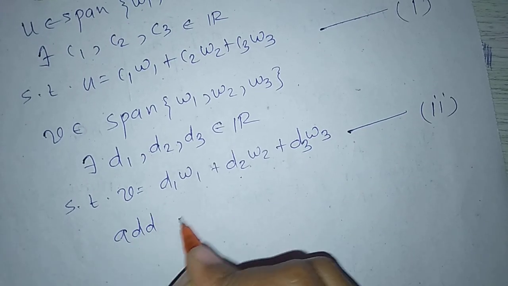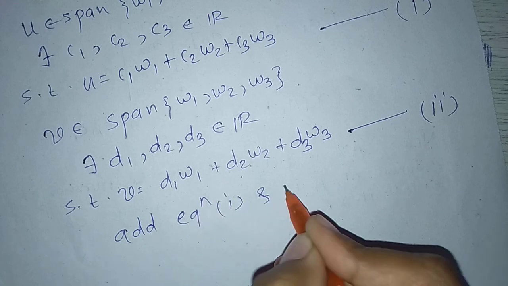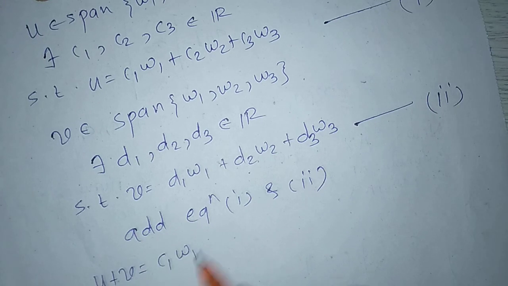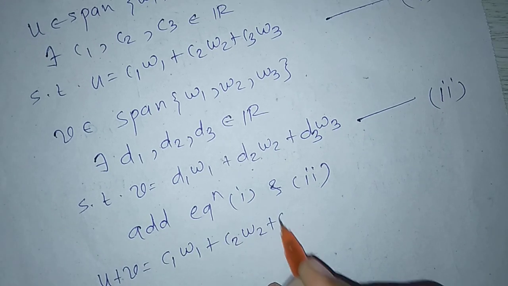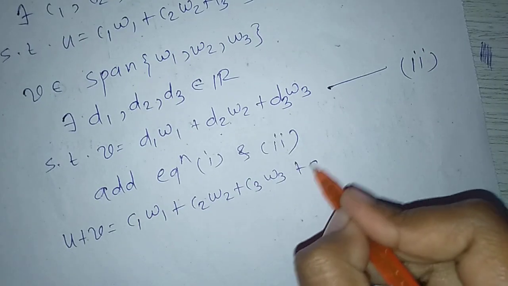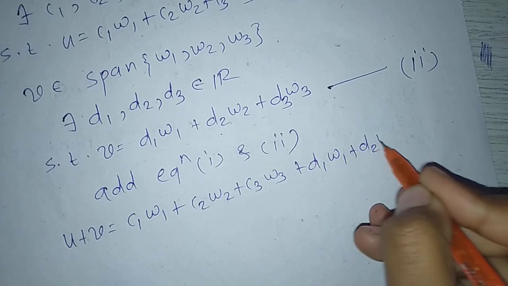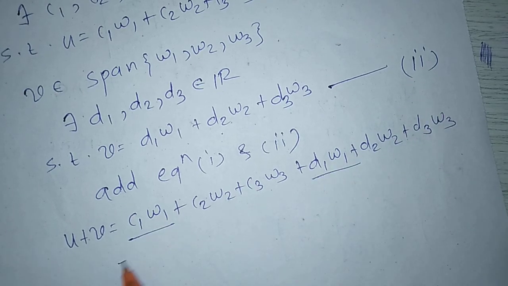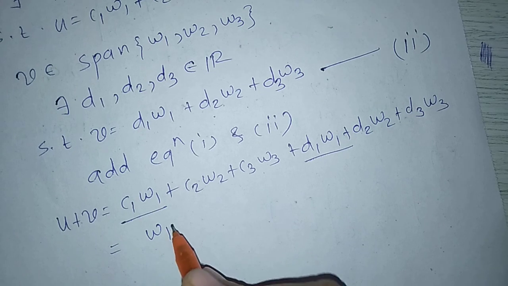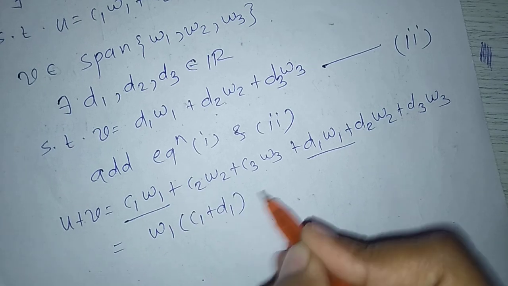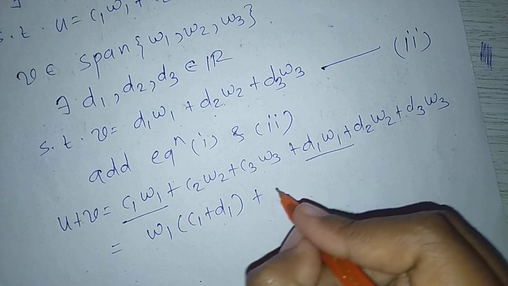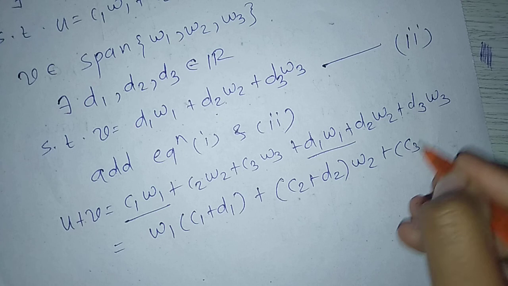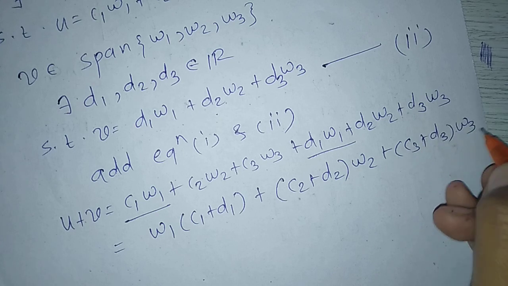Add equations 1 and 2. We get U plus V equals C1 W1 plus C2 W2 plus C3 W3 plus D1 W1 plus D2 W2 plus D3 W3. Here W1 is common, so take it outside, and we get W1 into (C1 plus D1). Similarly for W2 and W3, we get (C2 plus D2) into W2 plus (C3 plus D3) into W3.